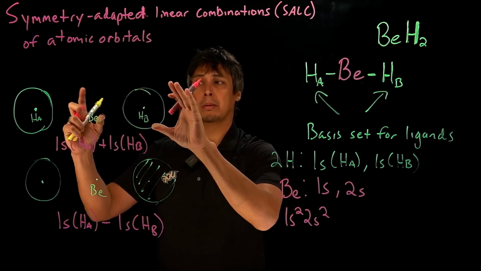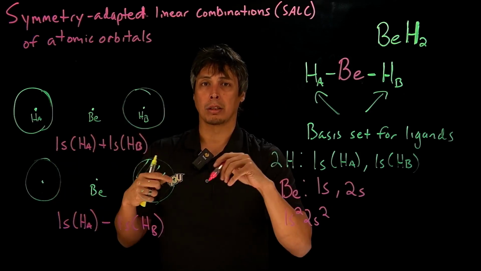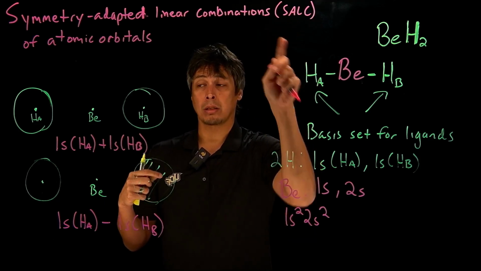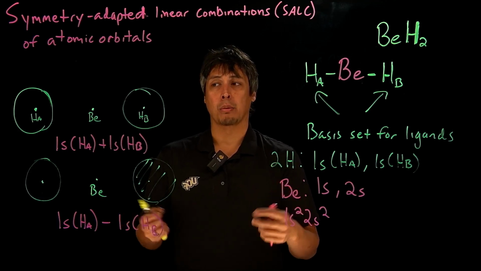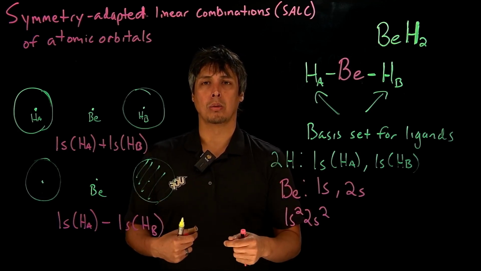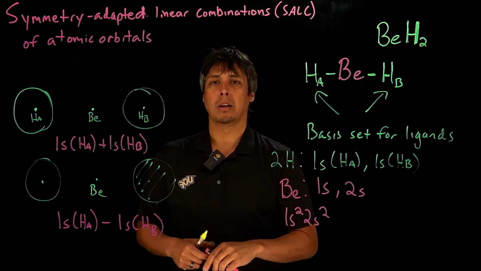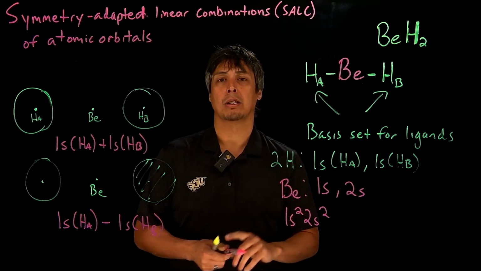We're just setting up a mathematical function that helps us to collectively describe the SALCs for the ligands, and then afterwards we can match this to the atomic orbitals of beryllium in a way that allows for constructive and destructive overlap, and that's where we'll actually generate our MOs.